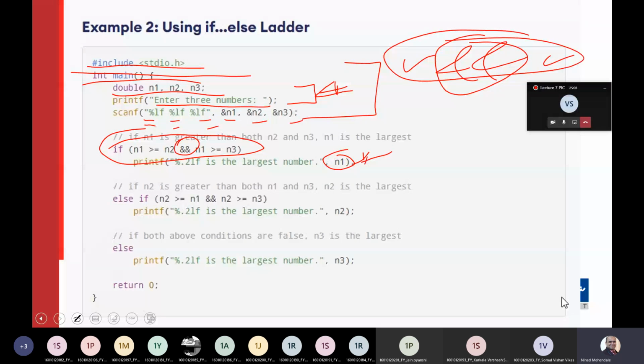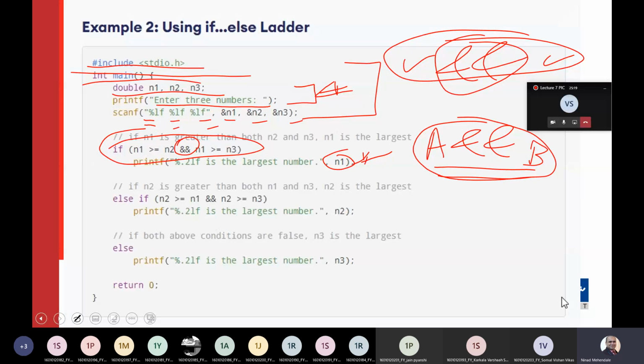So remember this, if you use double ampersand in a C program, that means statement A and statement B both have to be true to have a true output at the final if. So there is a difference: or means A or B can be true, and means A and B both have to be true. Now similarly else if. So now it's a ladder.